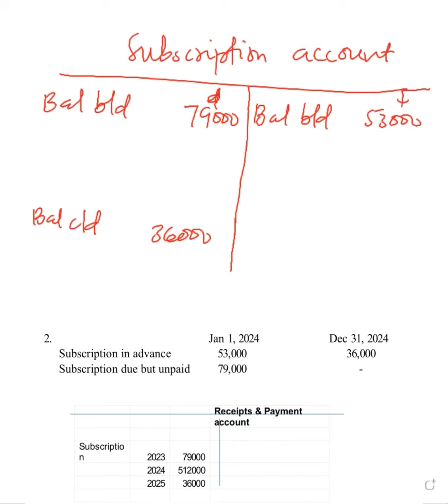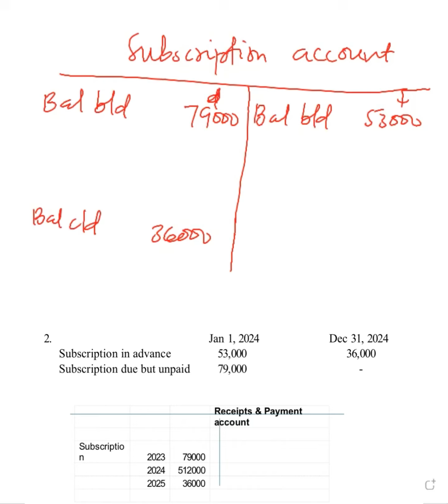Although part of it is for 2023 and 2025, all was received in 2024. The subscription account we are preparing is for 2024, so we have to show in the subscription account that this is the amount that was received in 2024.